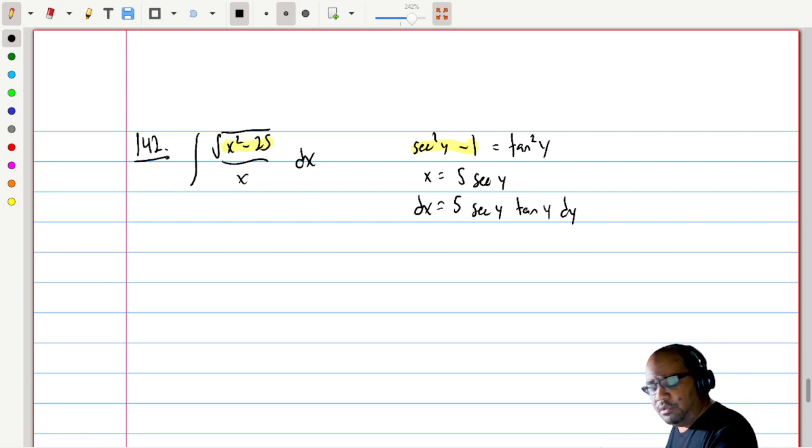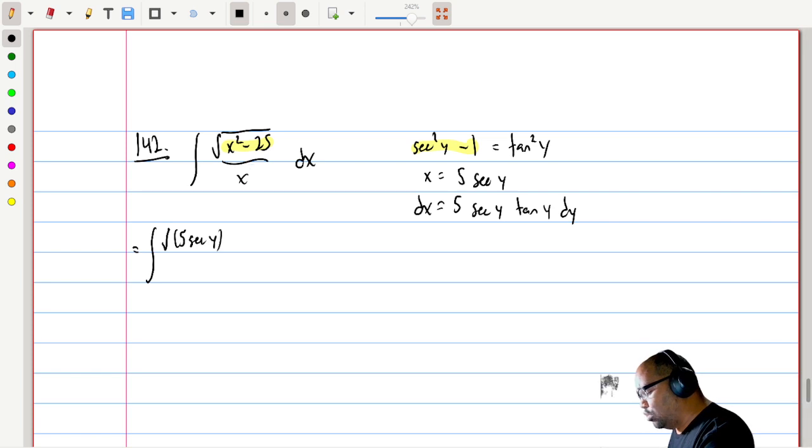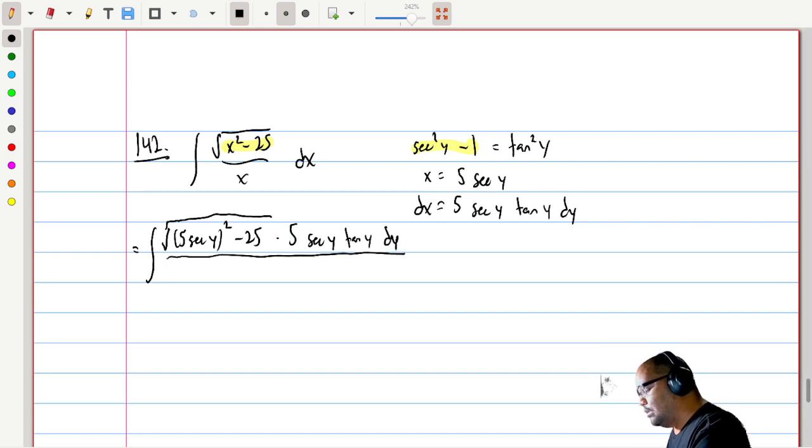So now we got to do the laborious task of cleaning everything up here. Inside the square root we get 5 secant y squared minus 25. dx is 5 secant y tangent y dy, divided by x, which is 5 secant y.